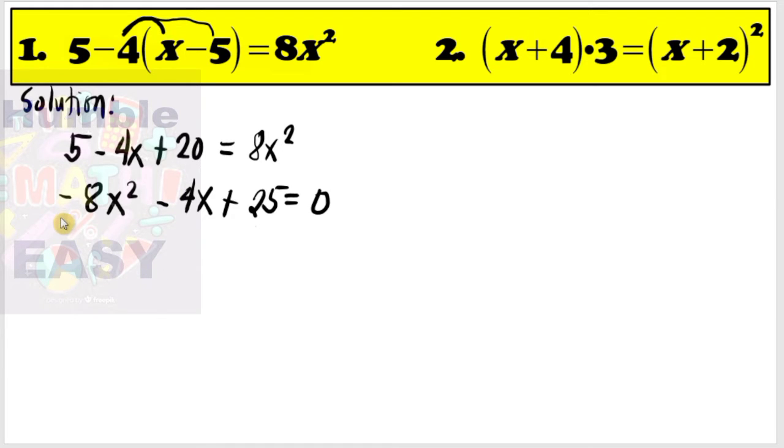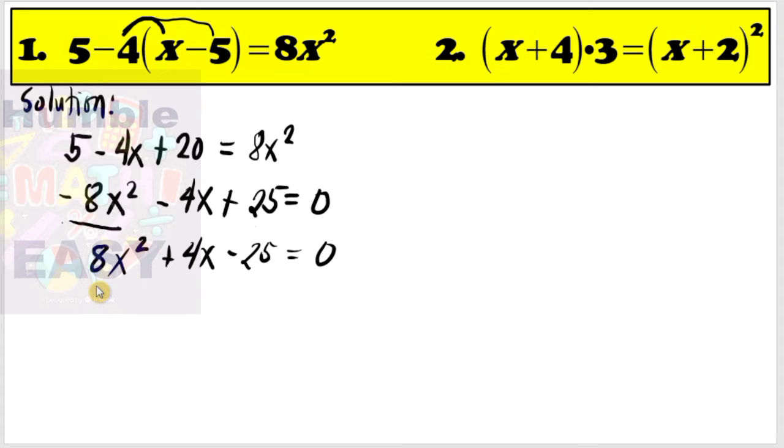Now in this case, since we have a negative numerical coefficient for our quadratic term, we are going to multiply both sides of the equation by negative 1, or take the opposite. So negative 8x squared became positive 8x squared plus 4x minus 25, which is equal to 0.